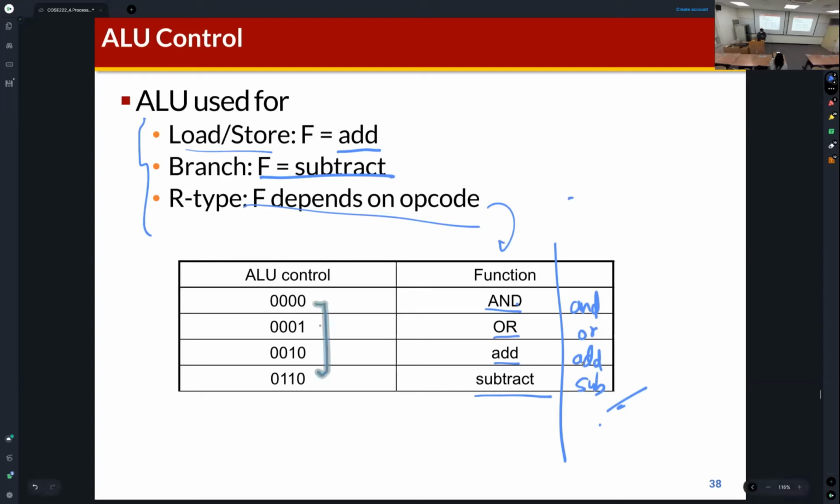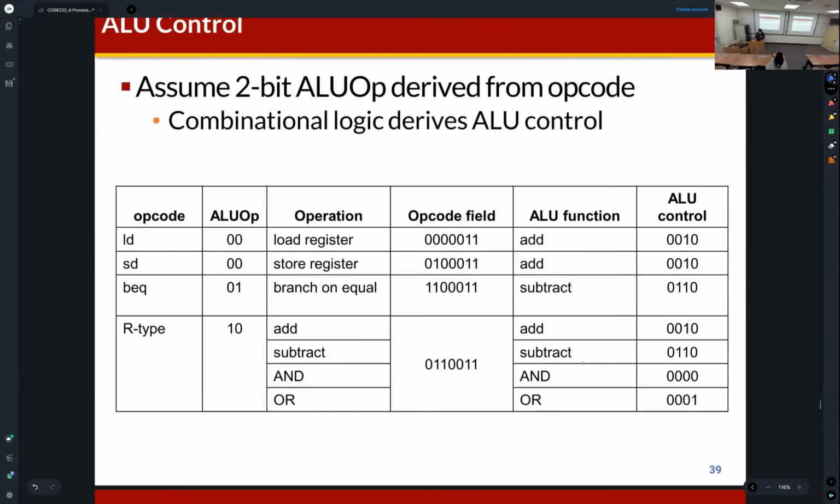If ALU receives an ALU control signal equal to 0, 0, 0, 0, then ALU performs the AND operation. So if a processor is executing the AND instruction, then the ALU control bits should be set as 0, 0, 0, 0, in order to support the AND instruction.